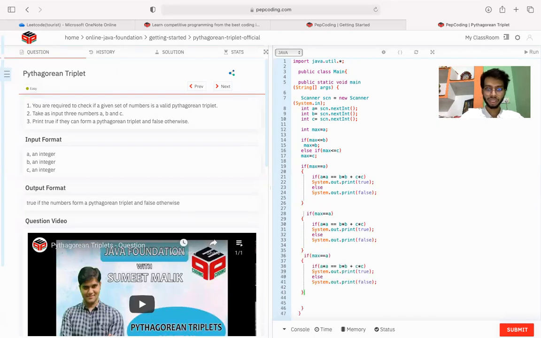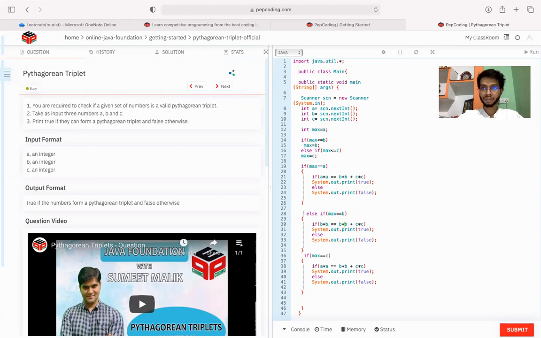You can assume what my max can be equal to: max equals b.